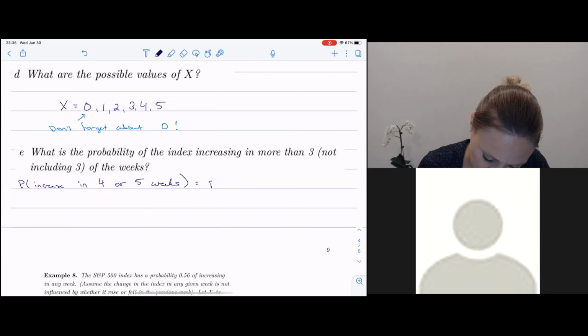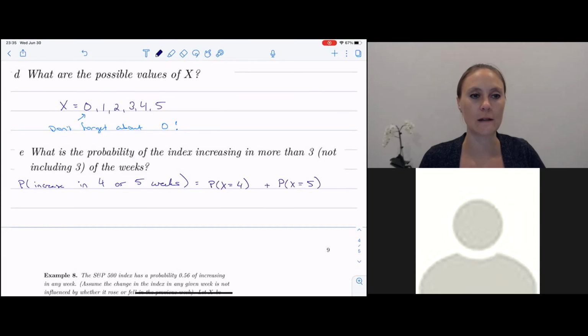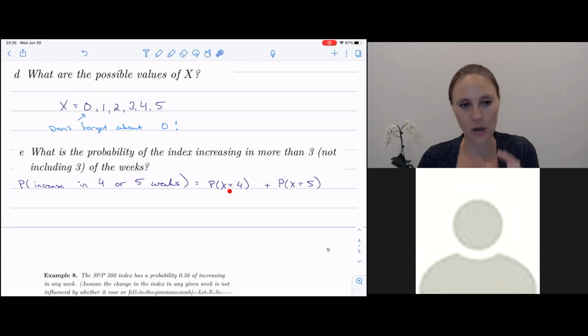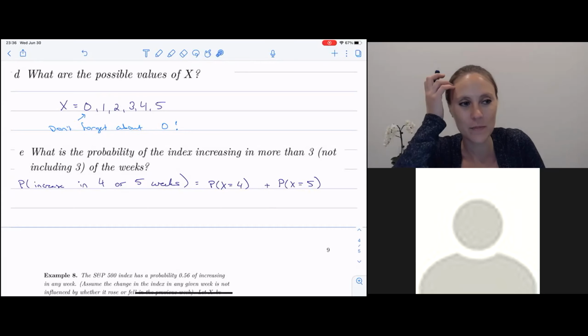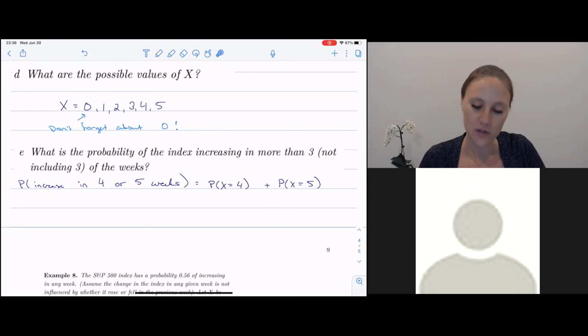And this becomes the probability that X equals 4 plus the probability that X equals 5. Okay. I would probably find these individually, because it's a fair amount of work: the probability that X equals 4, and then the probability that X equals 5, and then add them up. So then come back to this.